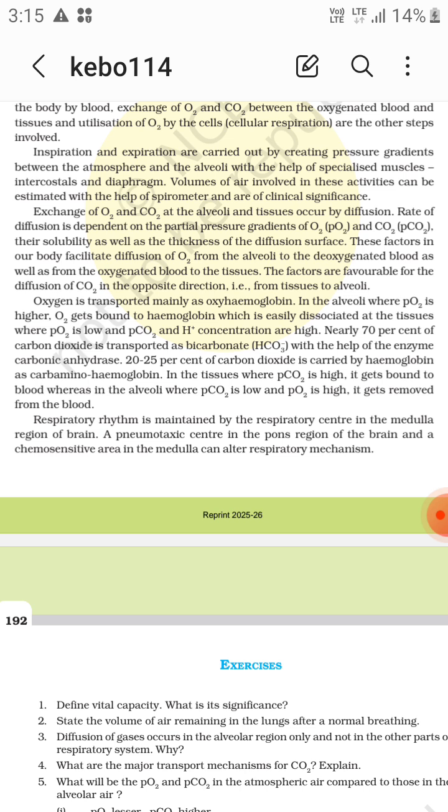A pneumotaxic center in the pons region of the brain and a chemosensitive area in the medulla can alter the respiratory mechanism.